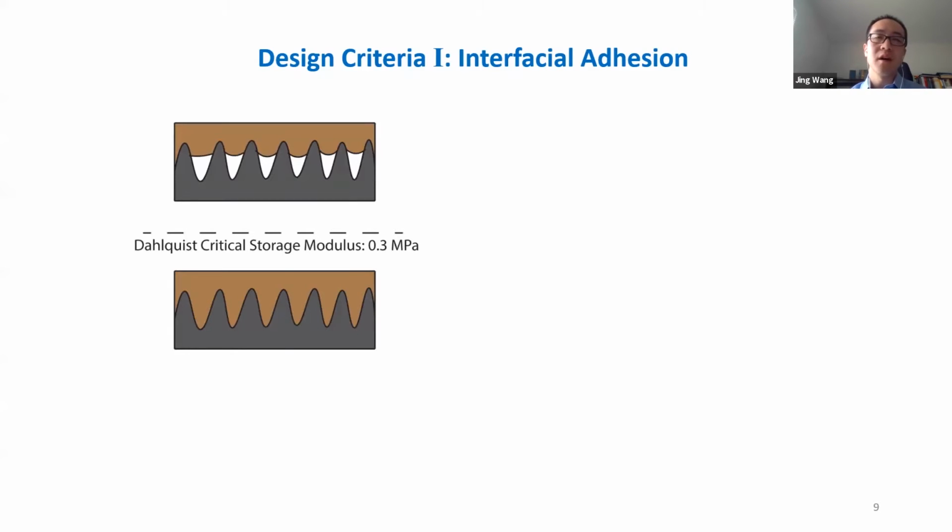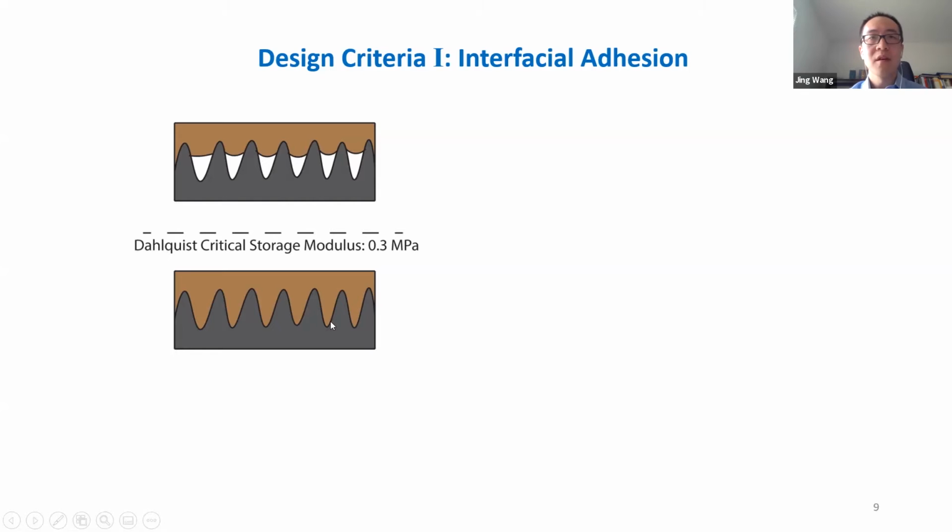Dahlquist created this criterion for 3M when he was working in the 1960s. Basically it tells us that when a pressure sensitive adhesive, which is a viscoelastic solid, has a storage modulus less than 0.3 megapascal, it can conformally contact any surface roughness.